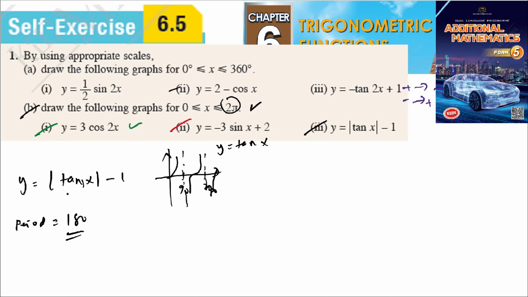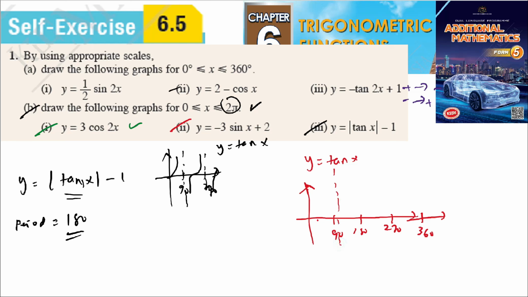So you do tangent x first. So y is equal to tangent x. So it's basically the same like what I do. So 90, 180, 270, 360. So we have dotted lines here, dotted line here.